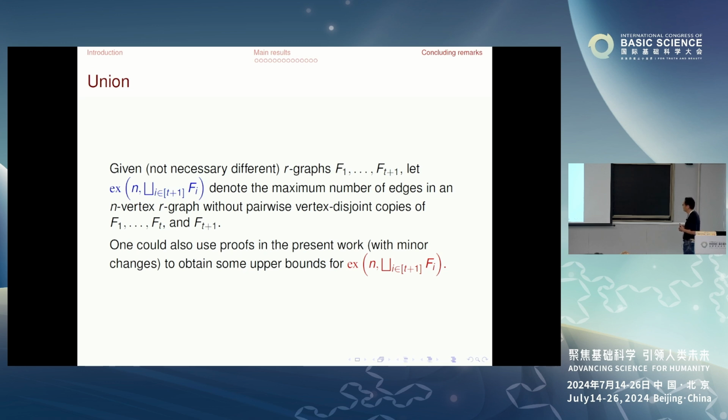However, when the graphs are not the same, you can demand F1, F2, ..., Ft plus 1. You can always ask this one, which denotes the maximum number of edges in an n-vertex r-graph without pairwise vertex-disjoint copies of F1, F2, ..., Ft plus 1.